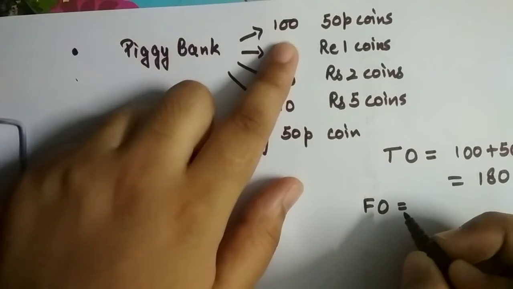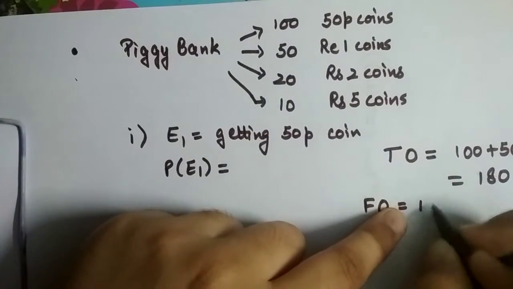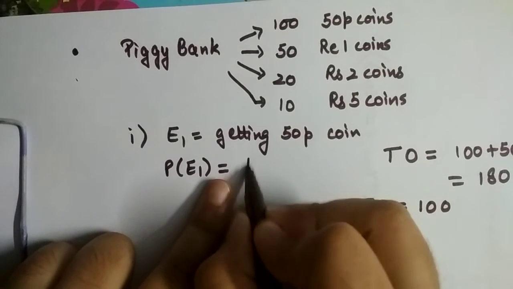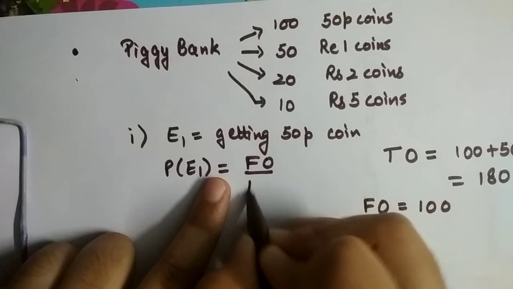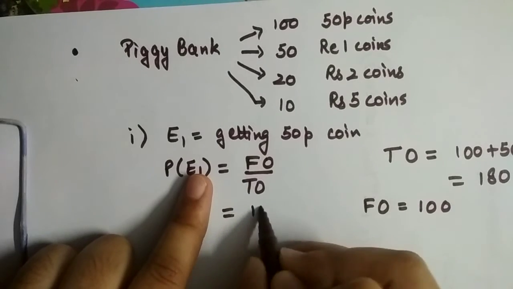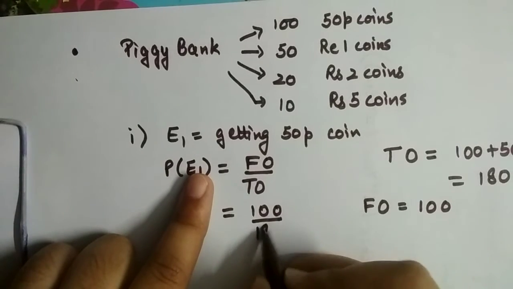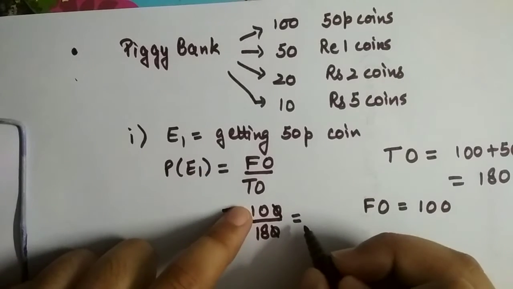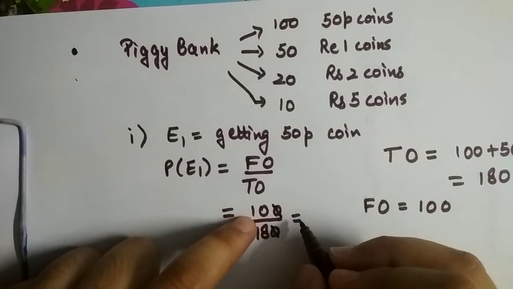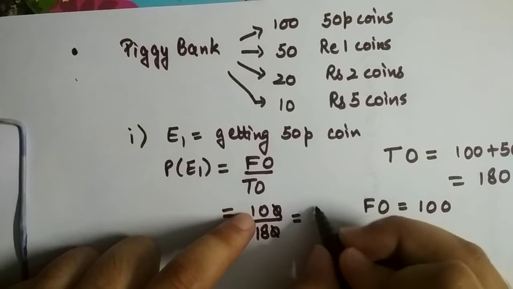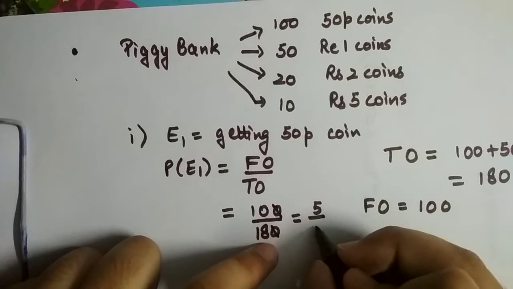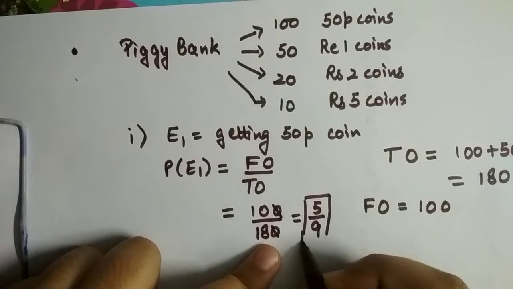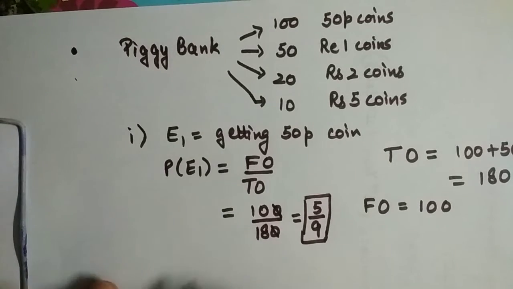There are 100 50 paisa coins, so favorable outcome is 100. So the probability of the event will be favorable outcomes upon total outcomes, that is 100 upon 180. You will reduce it to the lowest form. You will cancel it by the table of 2. It will come 5 by 9. So this is your answer.